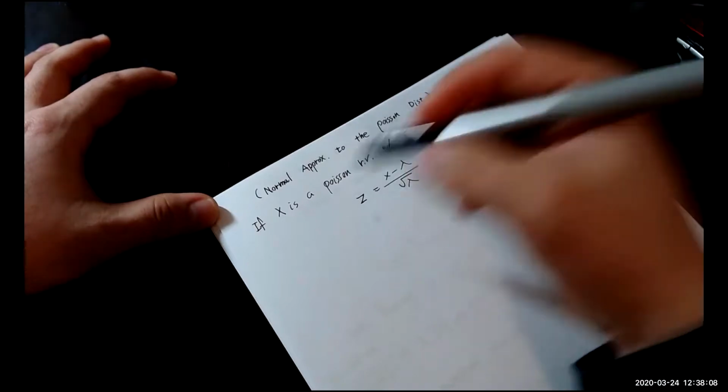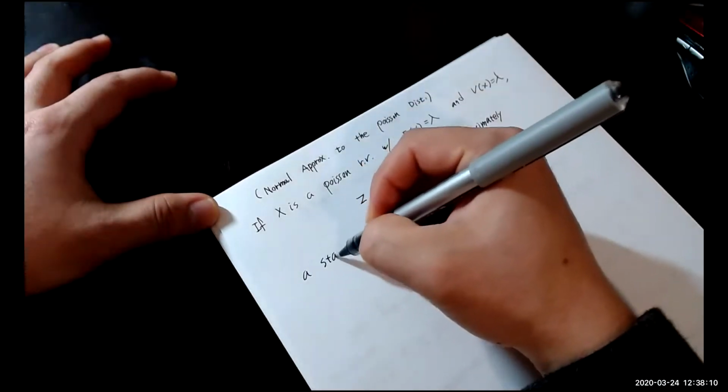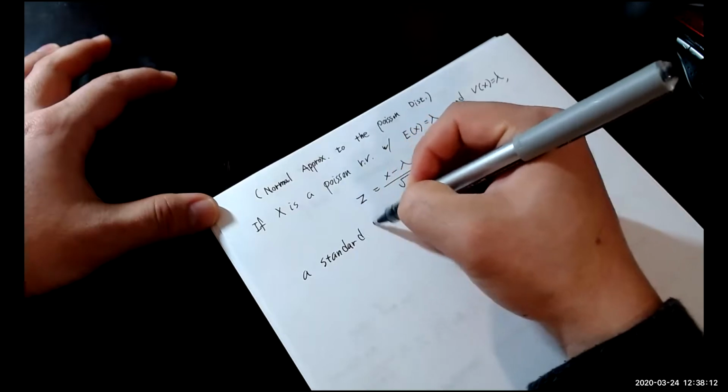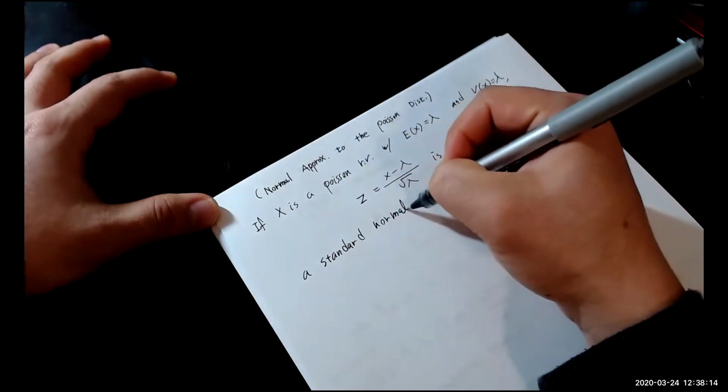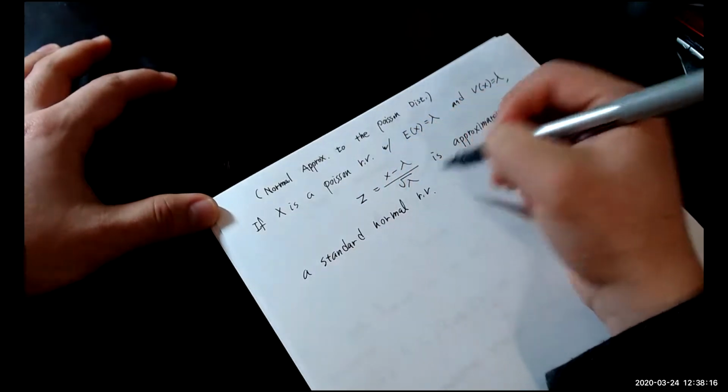The same continuity correction used for the binomial distribution can also be applied. The approximation is good for lambda greater than 5.